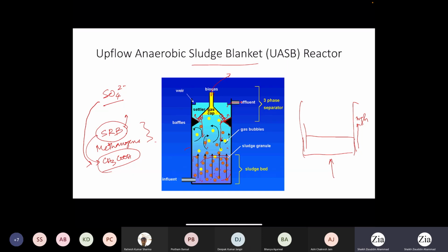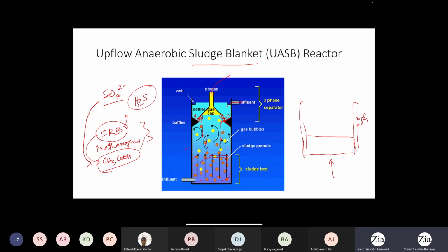Destroy means you will get failure of the anaerobic reactor because methanogens will not be able to sustain. Mostly SRB will dominate the entire reactor and they will produce a lot of H2S. So H2S is an undesired product in the system because this H2S can create microbially induced corrosion.